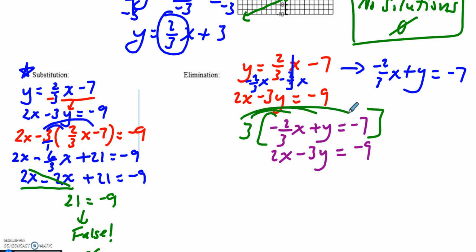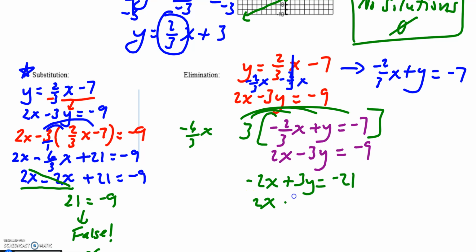So if I distribute that 3 into the problem, 3 times negative 2/3 is technically negative 6/3, so it's really negative 6 over 3x, but that is really negative 2. So this multiplication is negative 2x plus 3y equals negative 21.